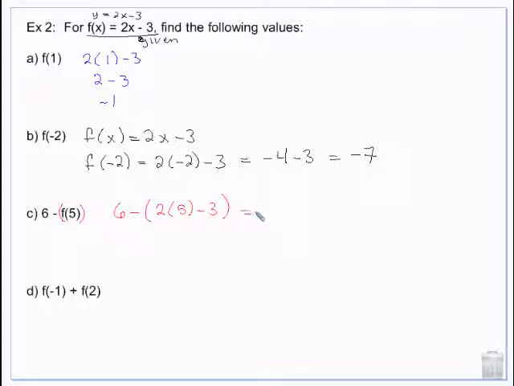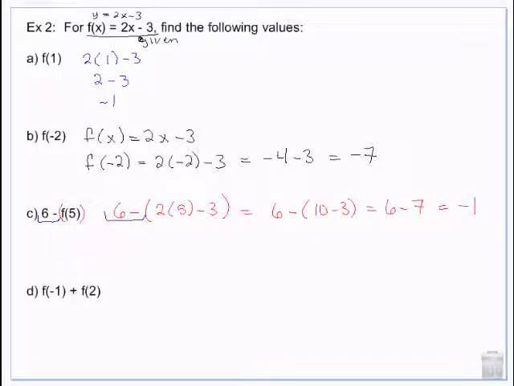So this becomes 6 minus 10 minus 3, which is 6 minus 7, which is negative 1.